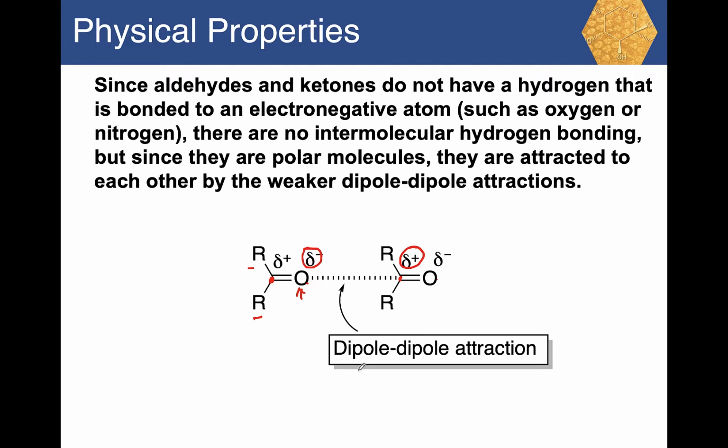So it's called a dipole-dipole attraction or dipole-dipole interaction. They're weak interactions, or should I say much weaker than your hydrogen bond. But there is an intermolecular attraction here that's not hydrogen bonding. Notice no hydrogen bonding because there's no hydrogen, but they're called dipole-dipole attraction as shown here.